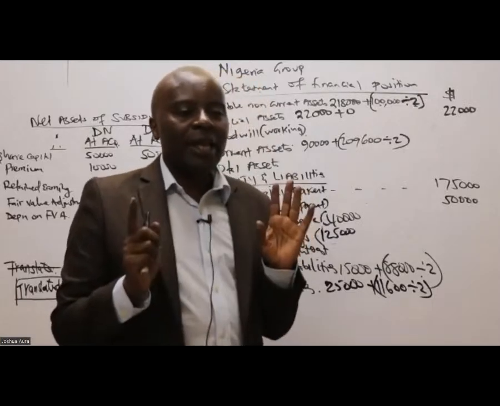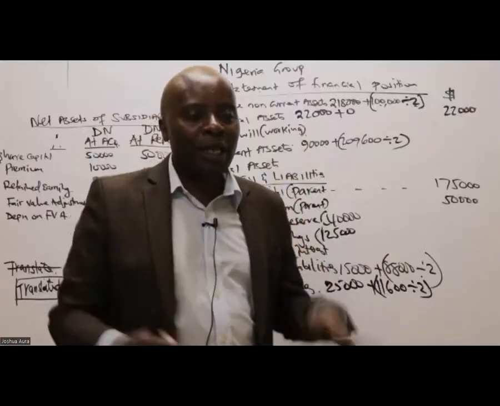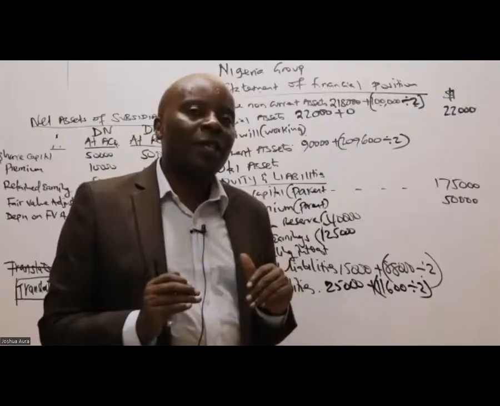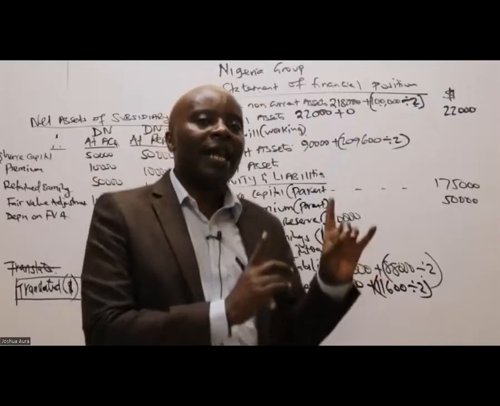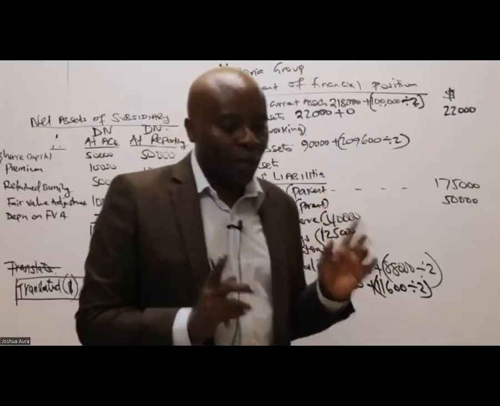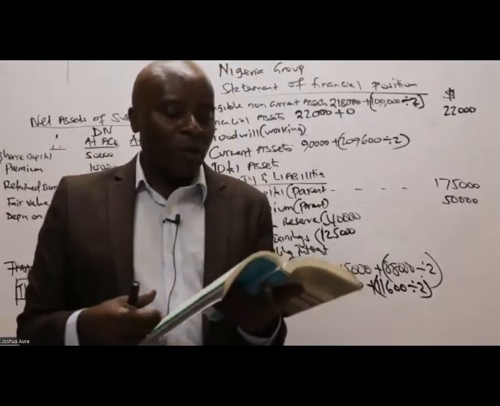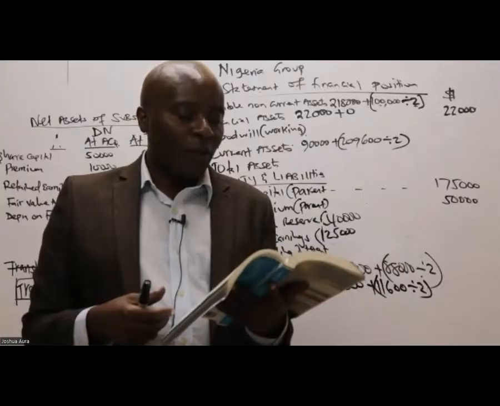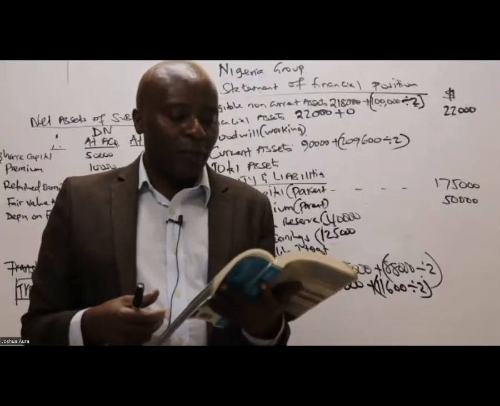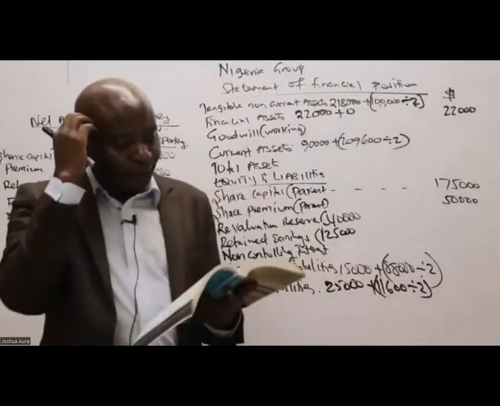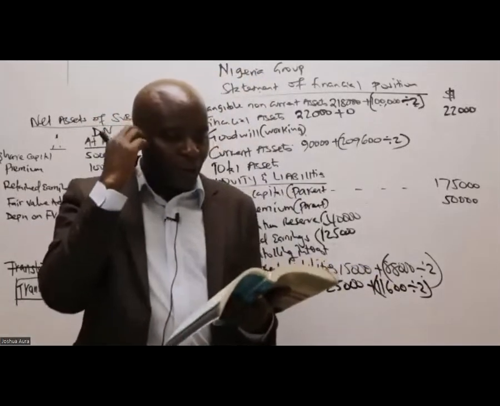And then at the end of the day, we were able to retranslate those net assets, including the post-acquisition profits, to the parent's currency. Could I kindly know whether you have been able to translate this?